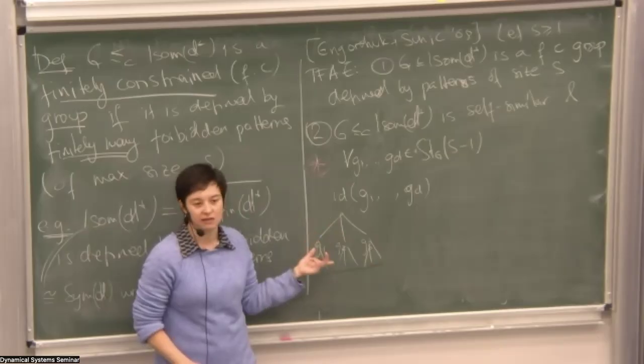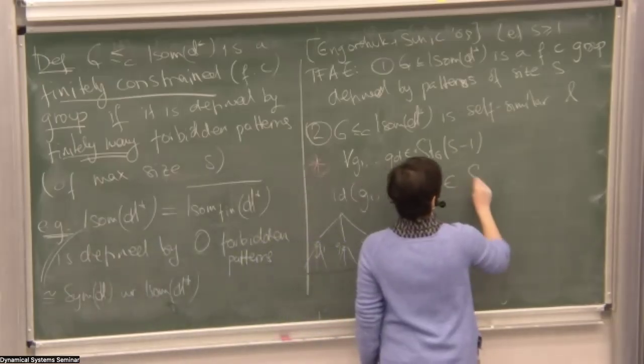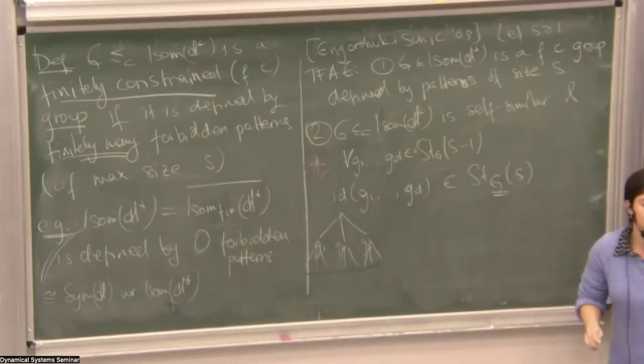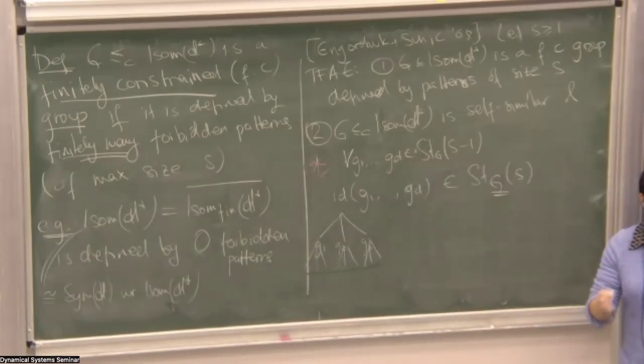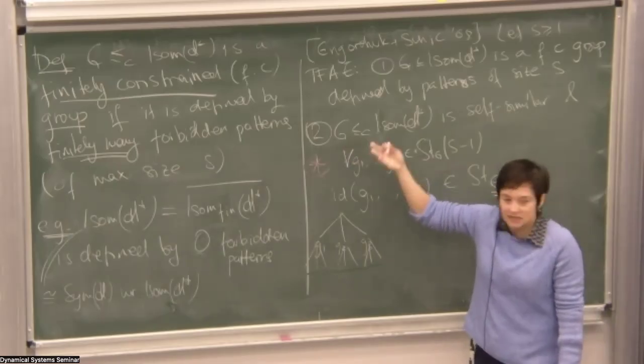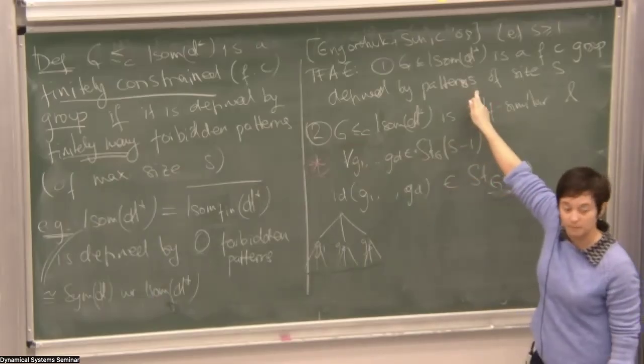Why should this be in G? No reason. That's what's special. It's a perfectly good tree automorphism. It doesn't need to be in G. But if it is, that means that my group is a finitely constrained group.